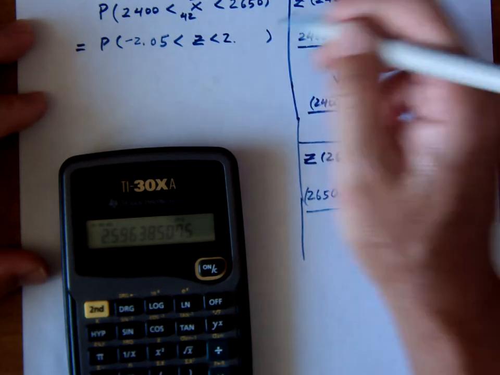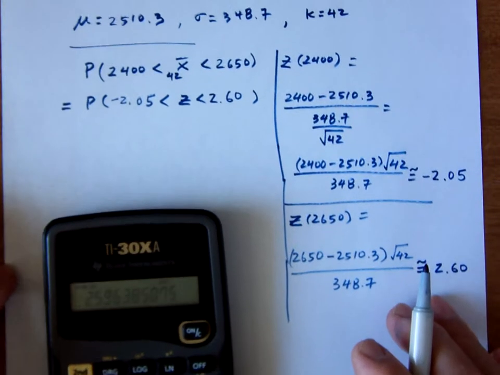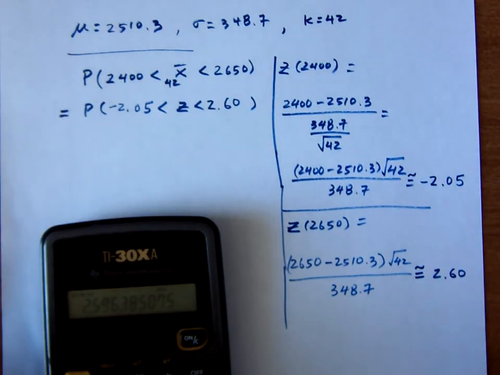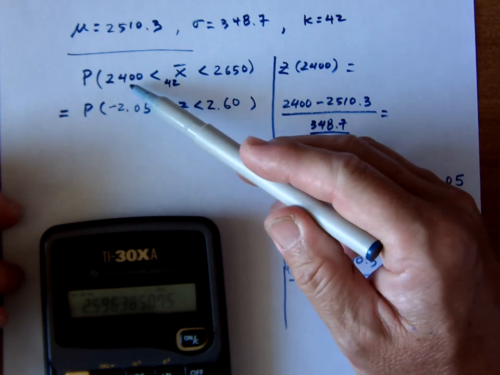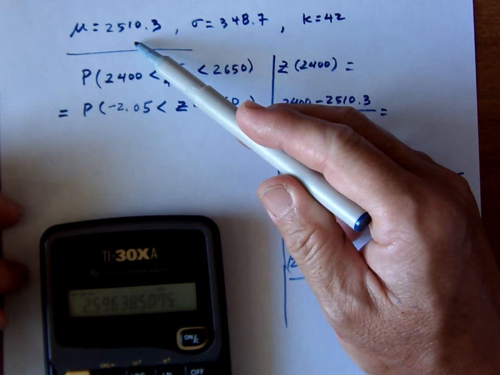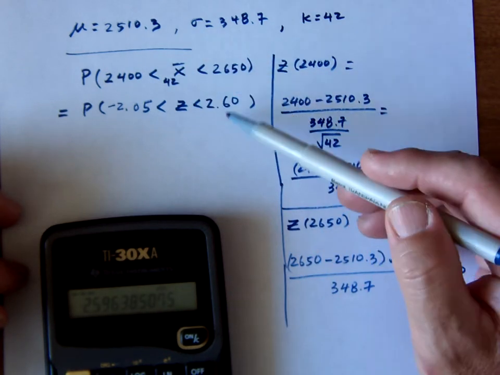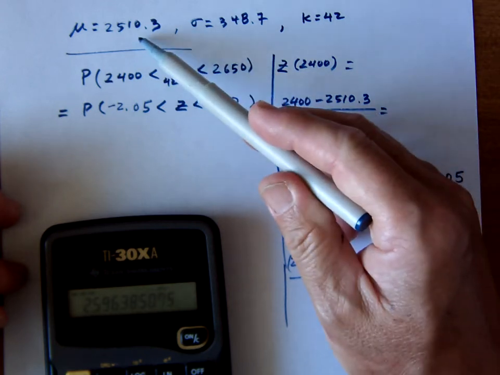One is positive, one is negative. Before I proceed, let me just do a quick verification. Obviously this is negative, and that makes sense because the value 2400 was below the mean. The other one, 2650, is positive because 2650 is above the mean.